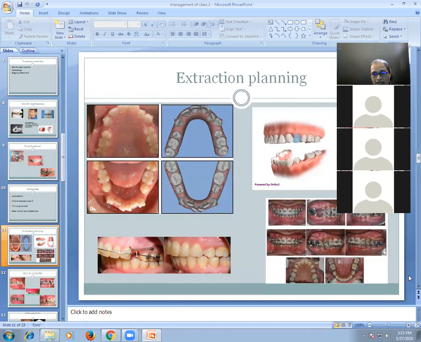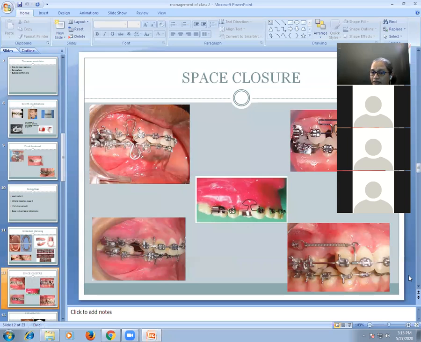Fine. Then after creating the space with extraction, we'll have to close that space. How to close that space? There are different appliances, removable and fixed. Here I am discussing only the fixed appliance.